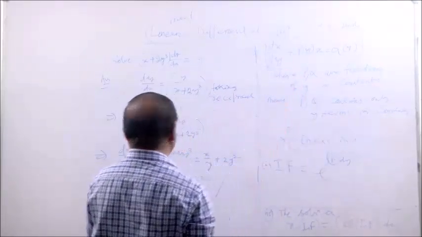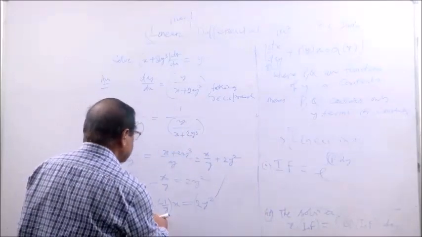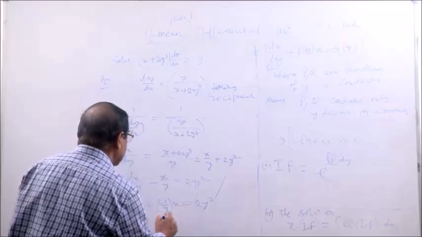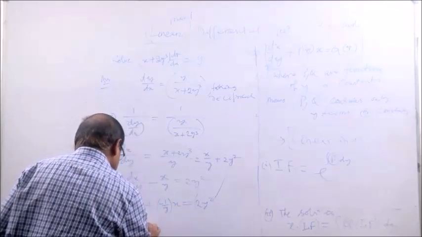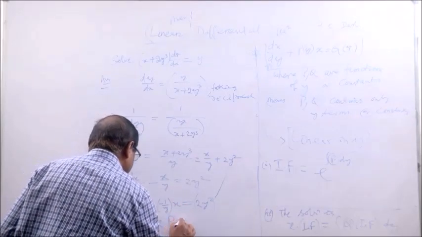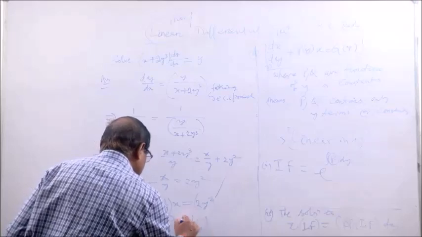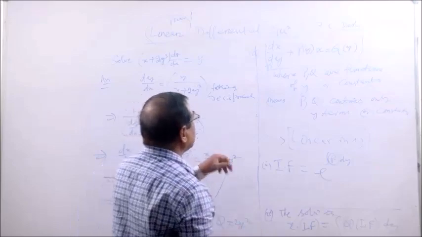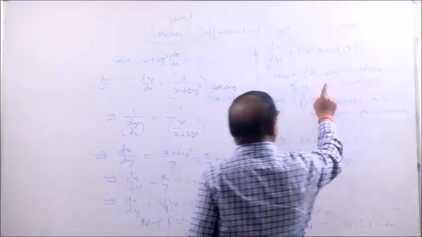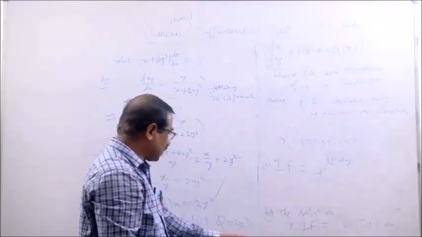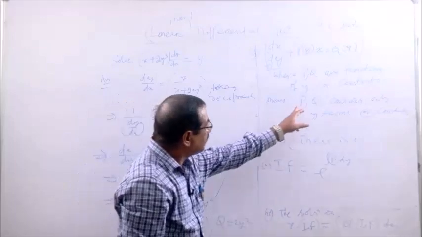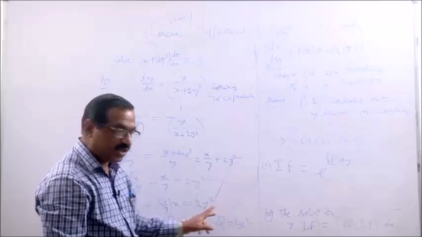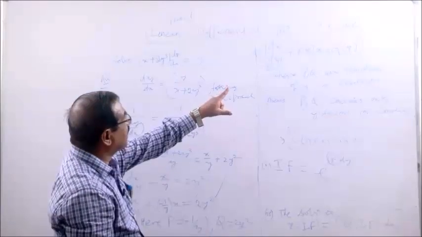You see, dx by dy plus Px equals Q, here P is what? Here P is minus 1 by y, Q is 2y square. What I have told here? Where P, Q are functions of y. What does it mean? This means P, Q contain only y terms. There is no extra. So, this is case 2.